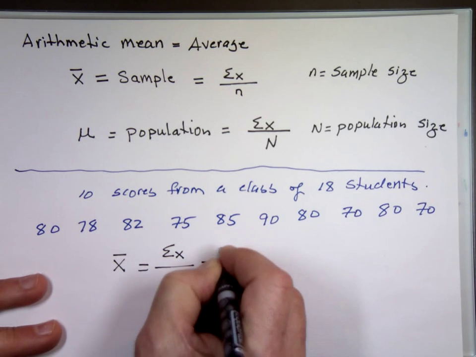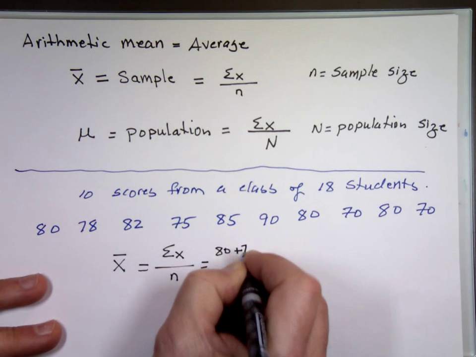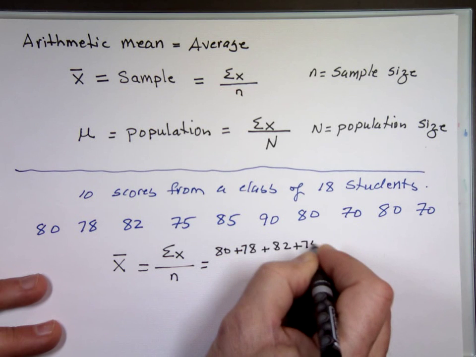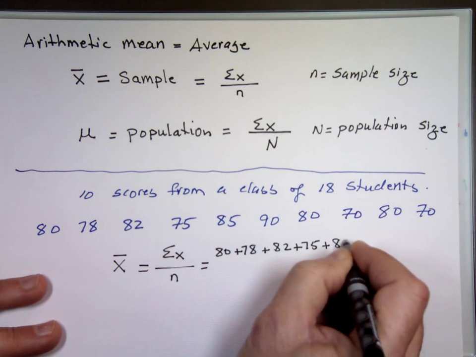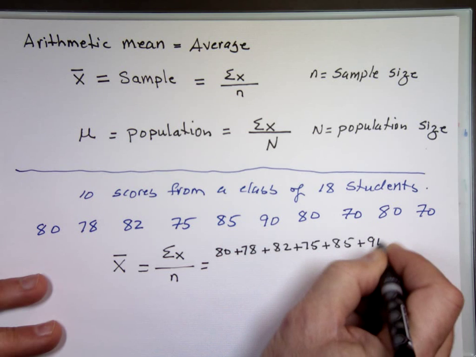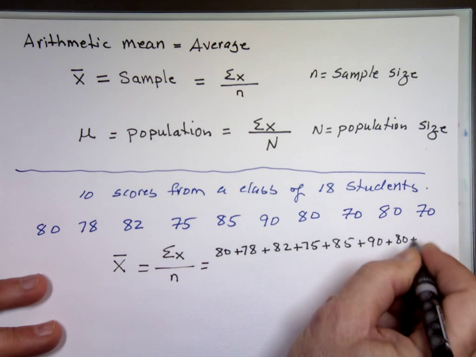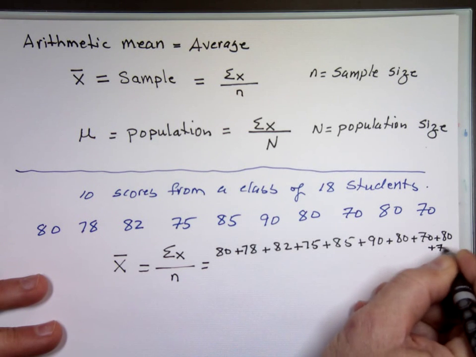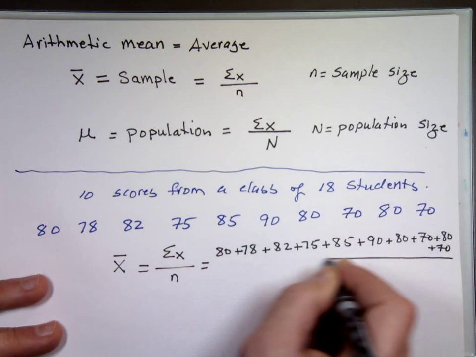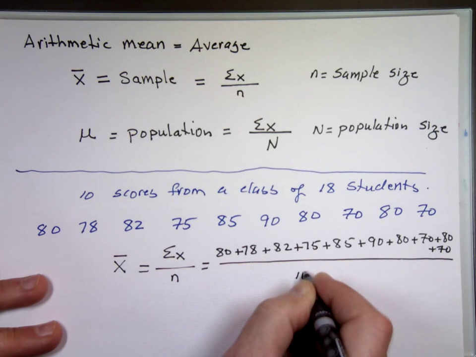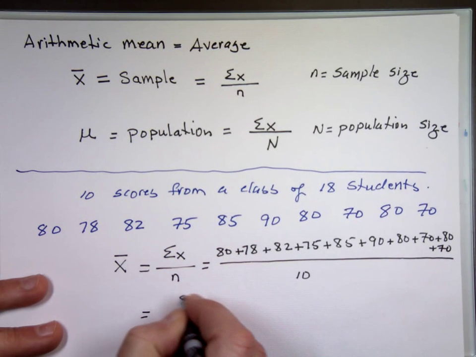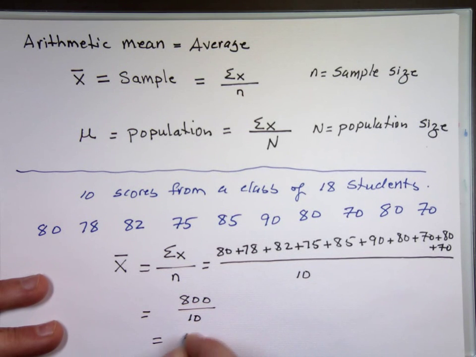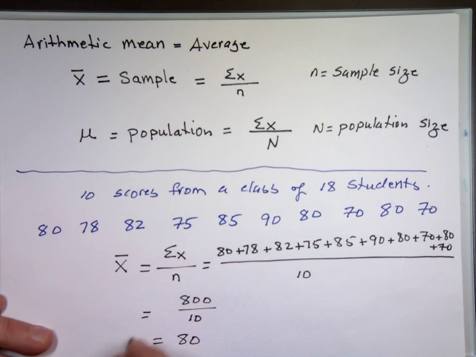We add them all. 80 plus 78 plus 82 plus 75 plus 85, 90, 80, 70, 80, and 70. And we divide them by the number of values, which is 10. If I did it right, it should be 800 divided by 10, which is what? The average or the mean is 80.